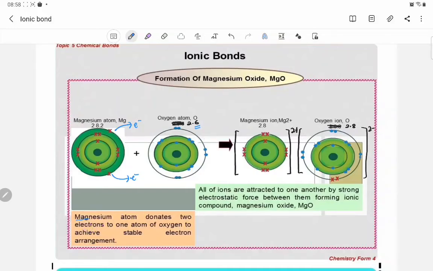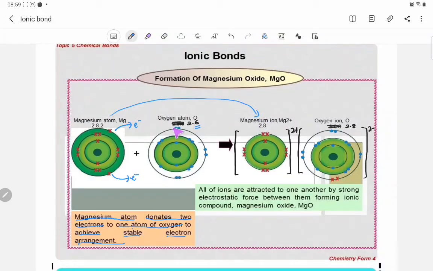So magnesium atom donates 2 electrons to 1 atom of oxygen to achieve stable electron arrangement. And after it donates 2 electrons, it will form the magnesium ion, Mg2+.